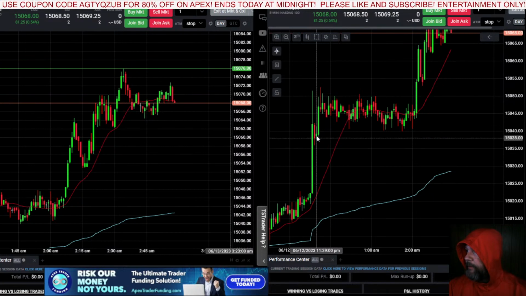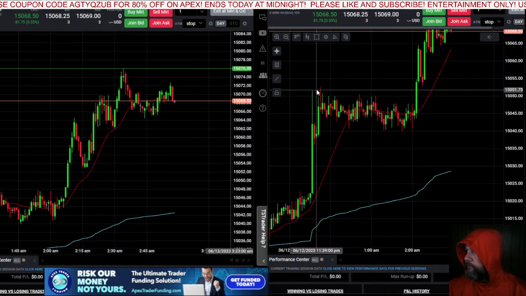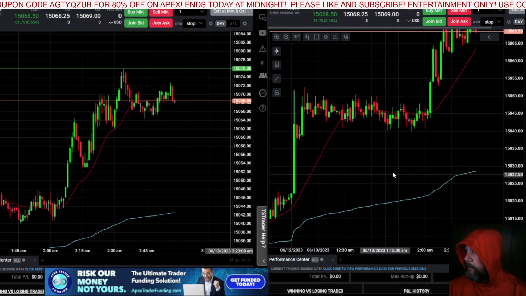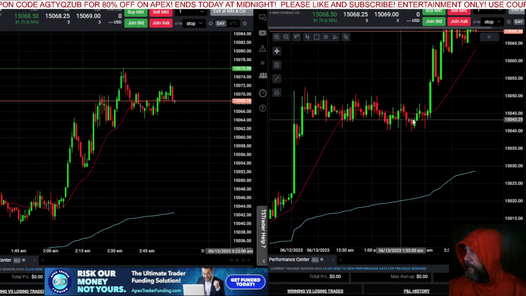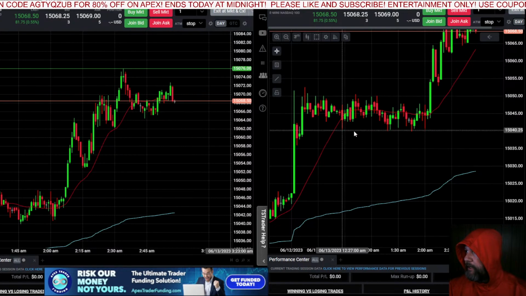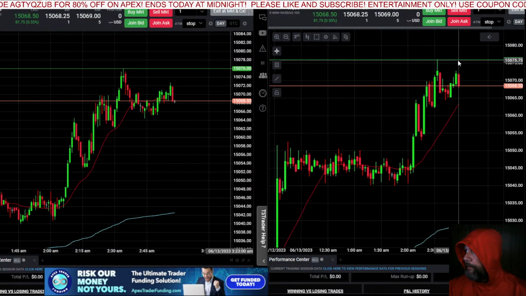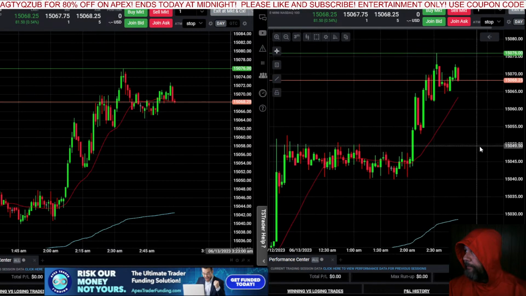Nice little move up there. What is that? 30 points. So maybe come back down, take this liquidity below these relatively equal lows, or kind of resweep this high here.